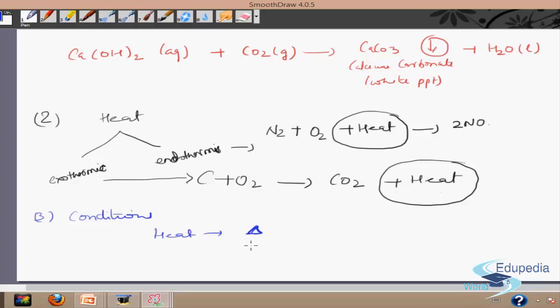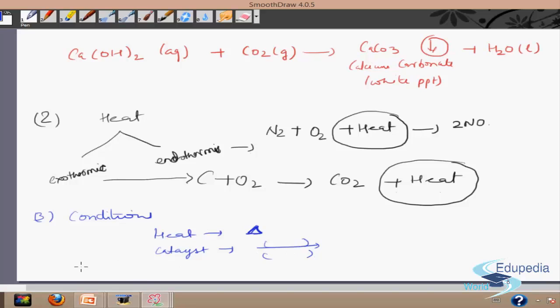Or if the reaction takes place in the presence of a catalyst, then the symbol or the formula of the catalyst is also written above or below the arrow sign in the equation. The catalyst can be written either here or here, that is, either side of the arrow.